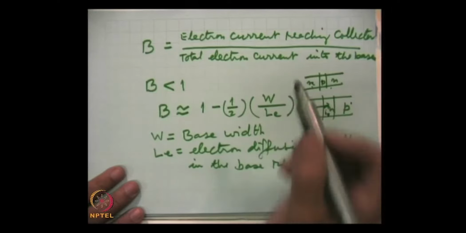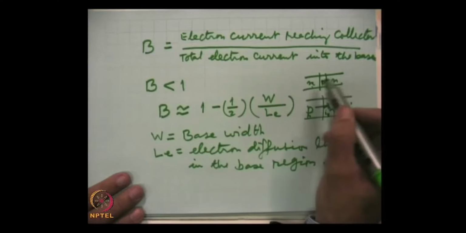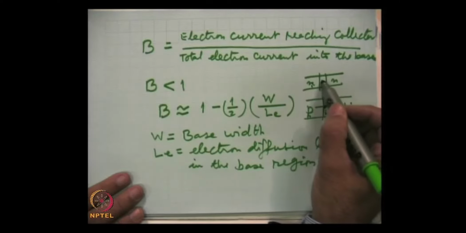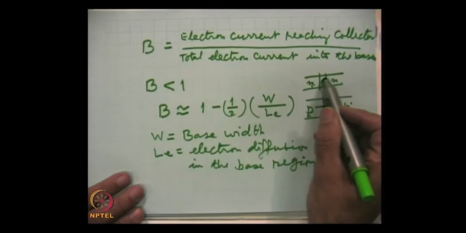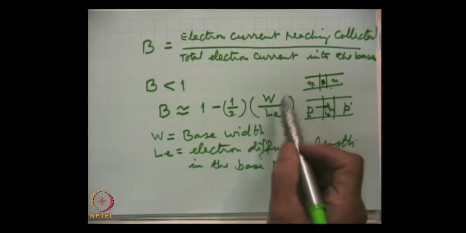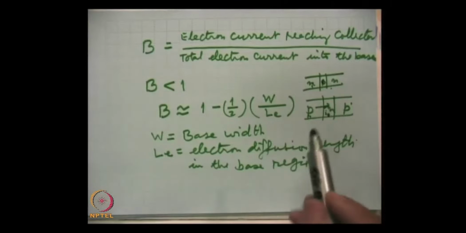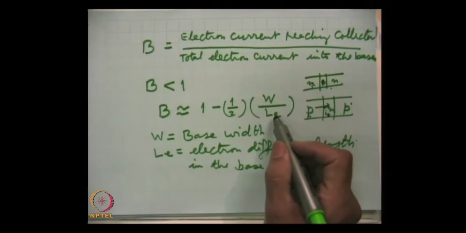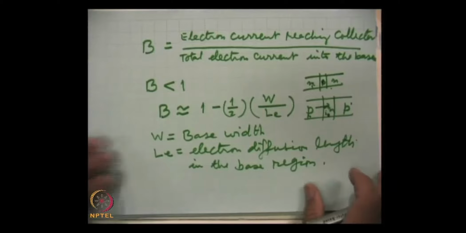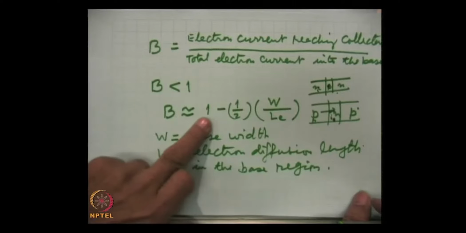If we talk of the electron diffusion length, we are talking of electrons in the p base region, where the electrons are minority, as in P and P holes will be in minority in N. So, by making base width low and by using a lightly doped base region, we can increase the electron diffusion length, making this parameter as small as possible, and hence B will be close to 1.